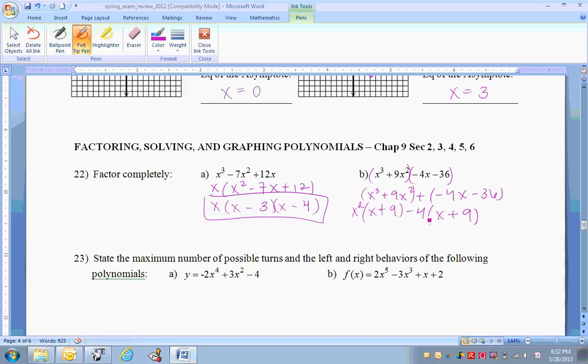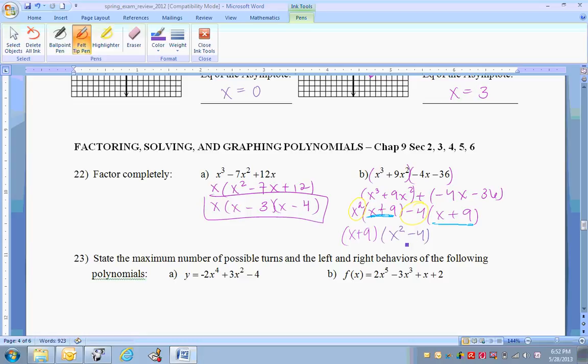Now if you notice, this term has an x plus 9, and this has an x plus 9, so I can go ahead and pull that out. I pull out an x plus 9 out front, and what's left on the inside is x squared and negative 4. So I multiply the x plus 9 that I pulled out by x squared minus 4.